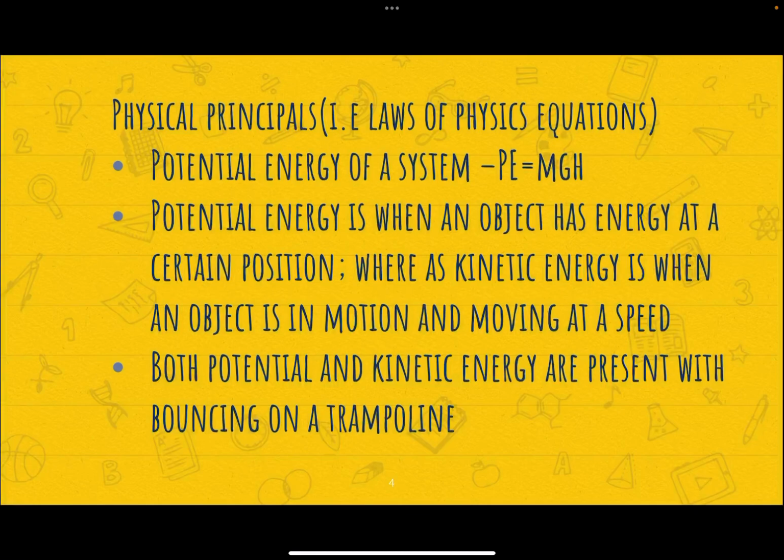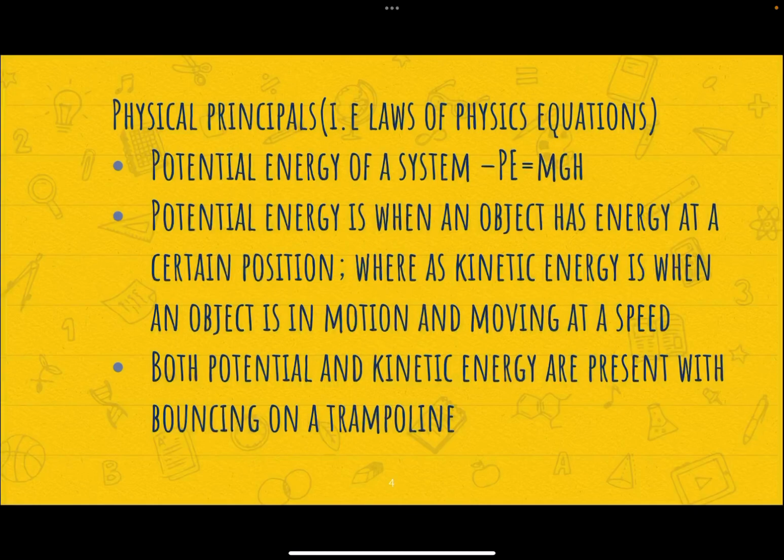Physical principles. So potential energy of a system. The formula is M times G times H. Potential energy is when an object has energy at a certain position. So, like I was saying, with a basketball or any ball, for instance, let's say a baseball is sitting on the table, that ball has potential energy while it's sitting on that table.